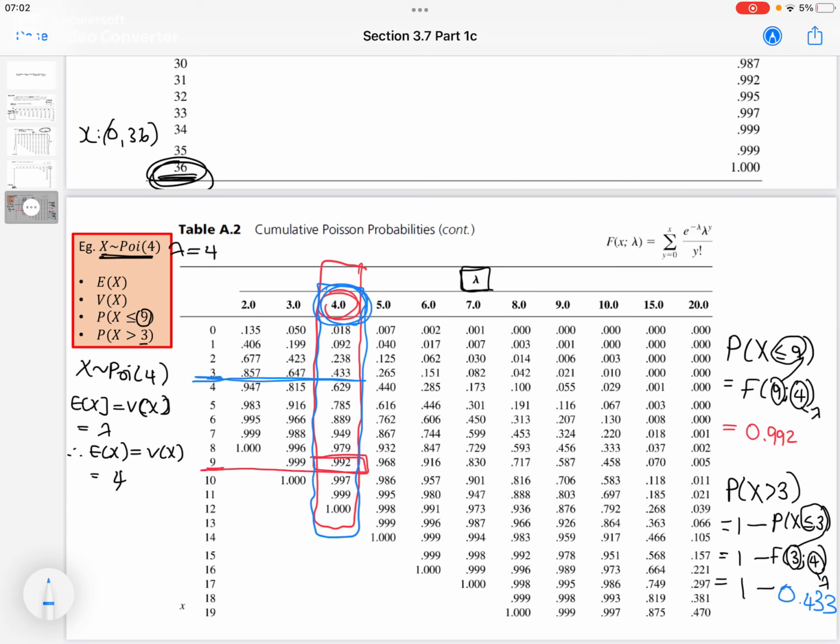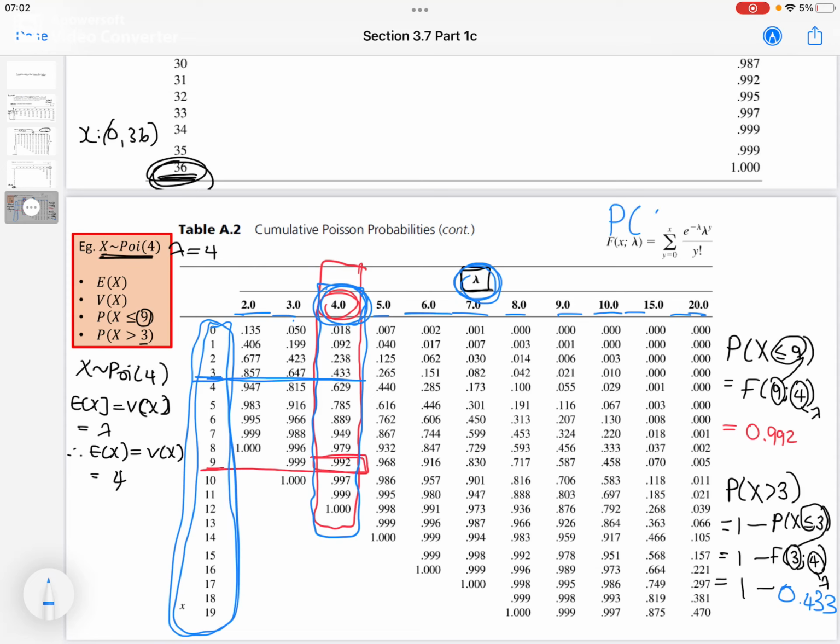The tables of the Poisson are really not complicated. You must firstly know what lambda is. Once you know what lambda is, you locate the column for the corresponding lambda, and then you look at the value of x that you're interested in so that you can calculate your probability. The table only gives you the probability of x at most some particular value.